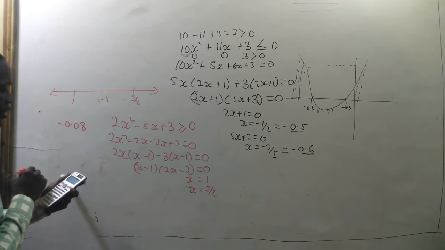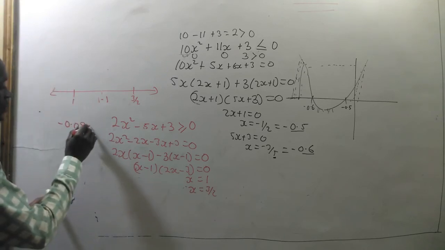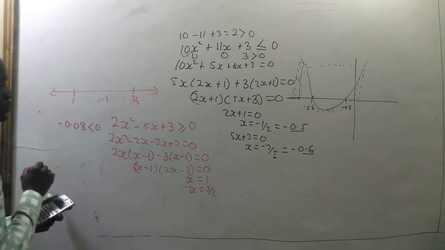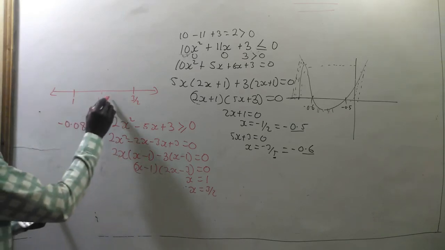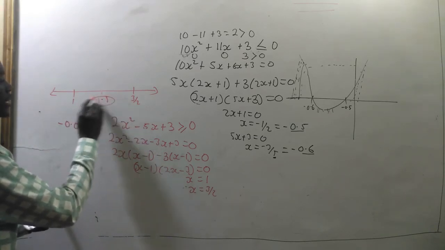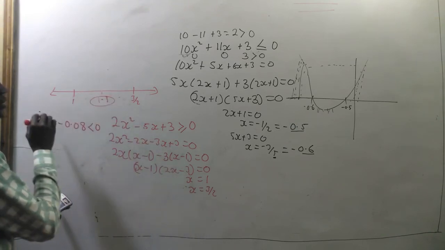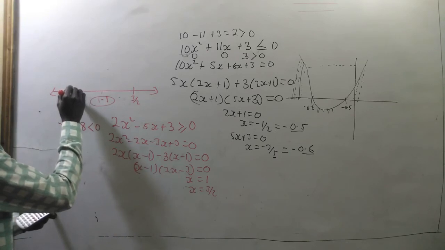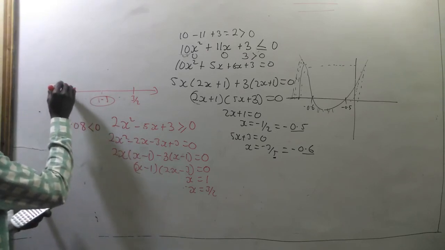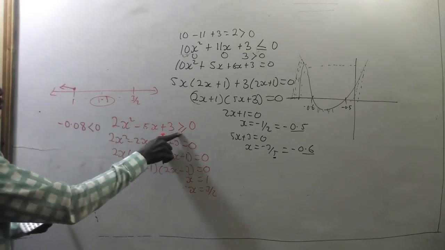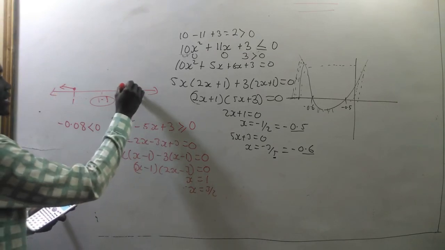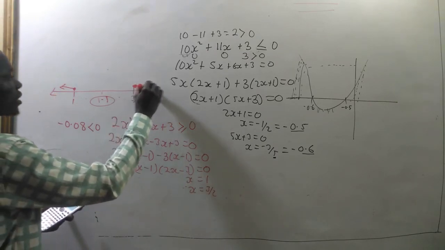Negative 0.08. So this one is less than 0. So it means that any value at the middle here will not satisfy the inequality. Very simple as that. So if I stand on 1, I'll go here. I've shaded it because of the equal sign.